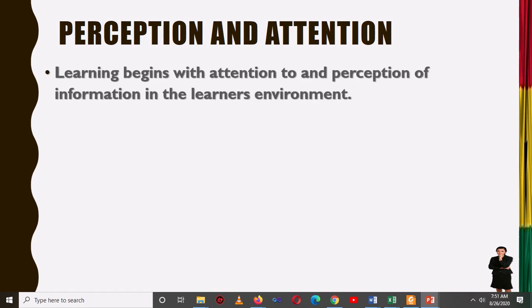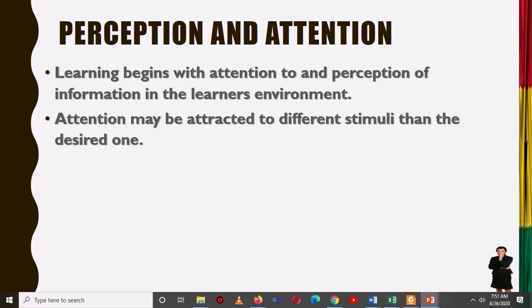Now, what we need to know is that cognitivists believe that learners begin with attention to something and perception of information in their environment. So whatever the learner gives attention to, he or she forms a perception of it.